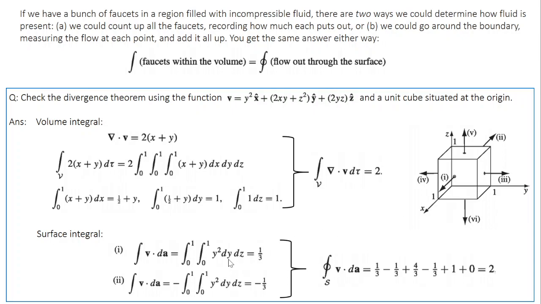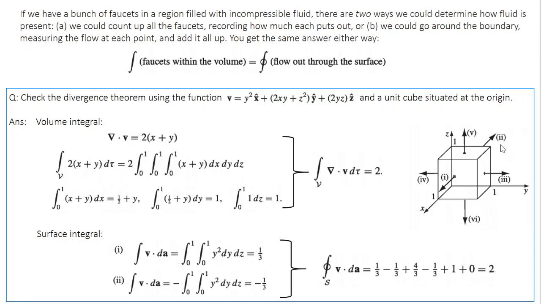So this is dy dz x cap. Now we take its dot product with the vector v. Since the area element has only the x direction, you take the dot product of only the x component. So this is y squared dy dz. Apply the limits. Lower limit is 0, upper limit is 1 for both directions. If you compute this, you get the value 1 by 3.